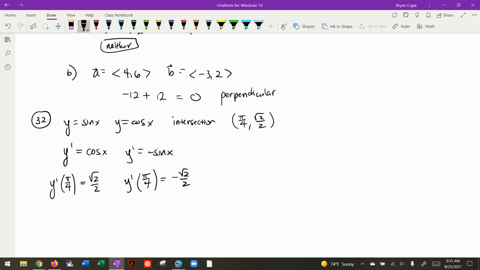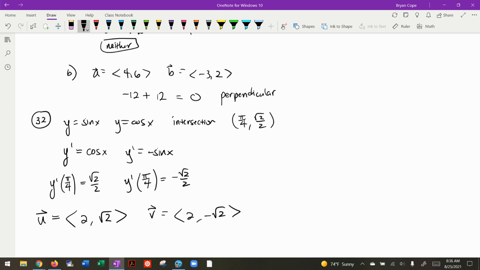Okay, so what this means is that the slopes are those two values, but we're going to turn those into vectors. So I'm going to say vector u, just treat this as rise over run, right? The rise numbers in the numerator, the run numbers in the denominator. So 2 comma root 2. Think of that y over x is going to match that. And then vector v, we're just going to say is 2 comma negative root 2.